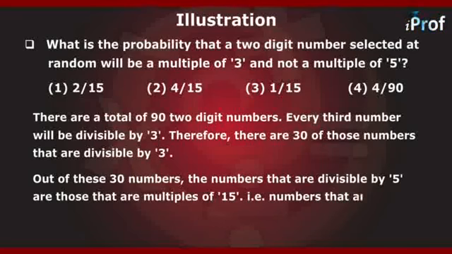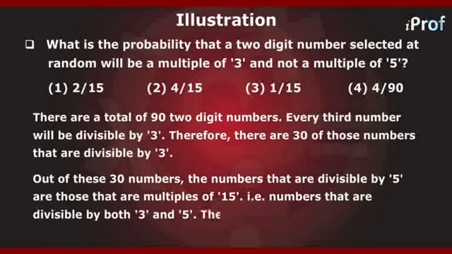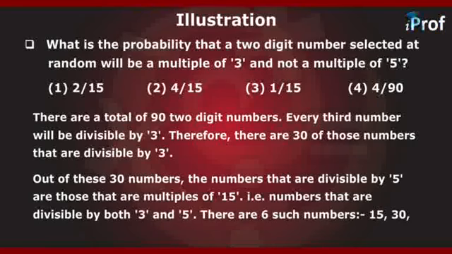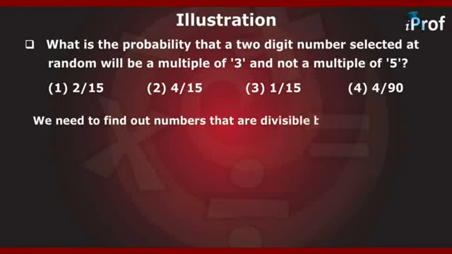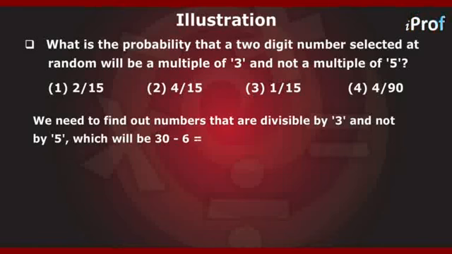That is, numbers that are divisible by both 3 and 5. There are 6 such numbers: 15, 30, 45, 60, 75 and 90. We need to find out numbers that are divisible by 3 and not by 5, which will be 30 minus 6 is equal to 24.